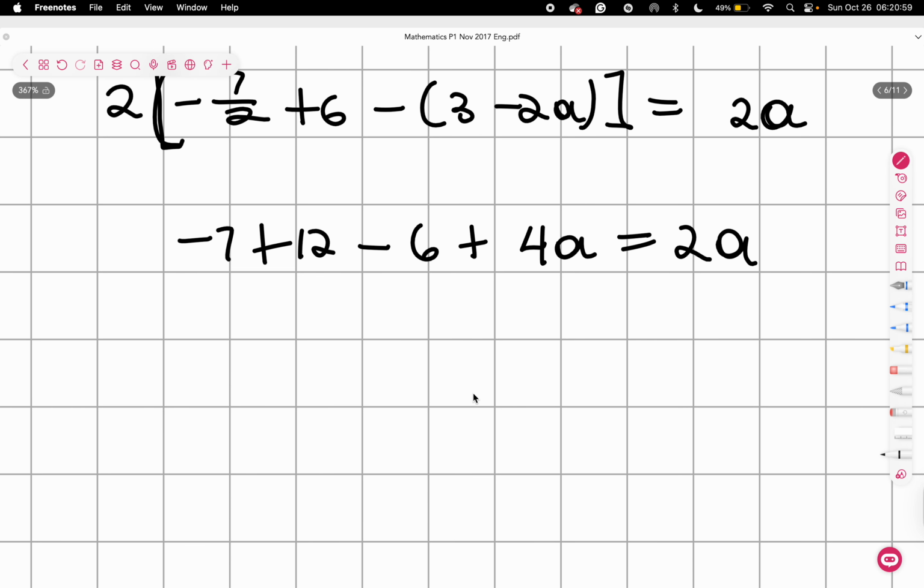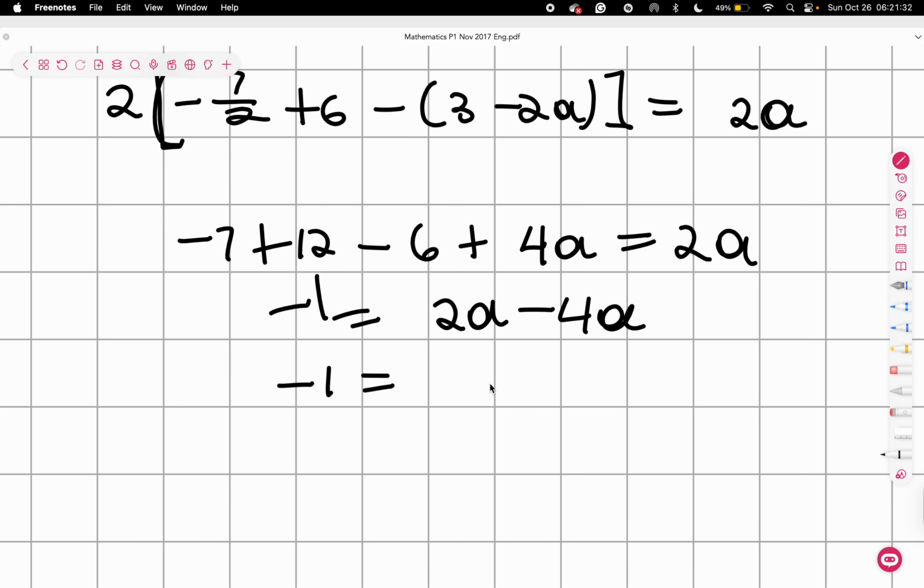Okay, now what are you left with on this side? 12 minus 6 is 6, and then 6 minus 7. You're left with negative 1 equal to 2a minus 4a.